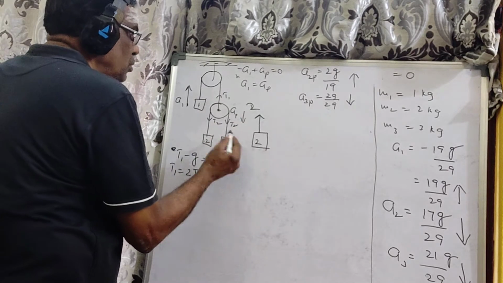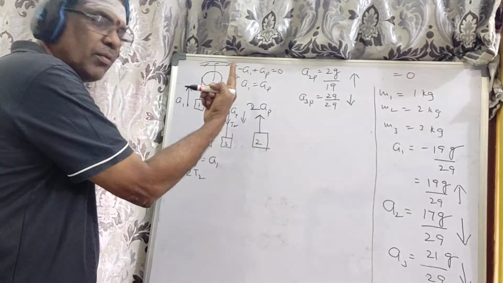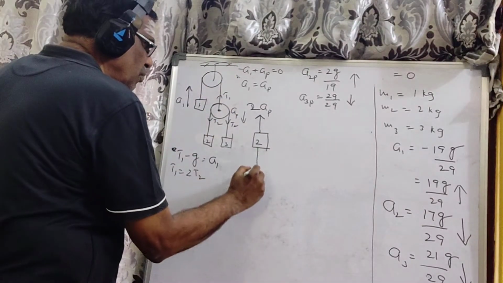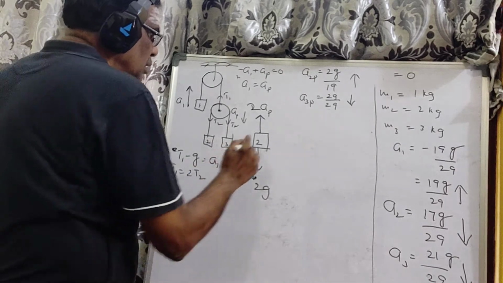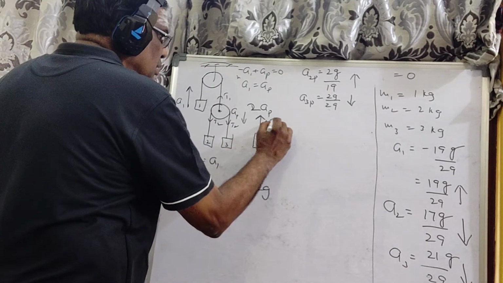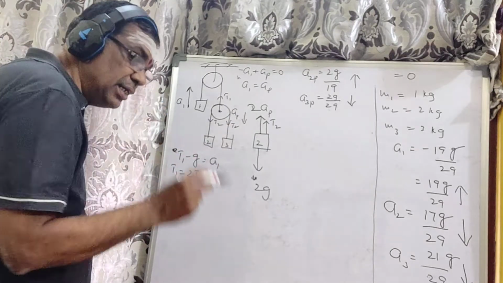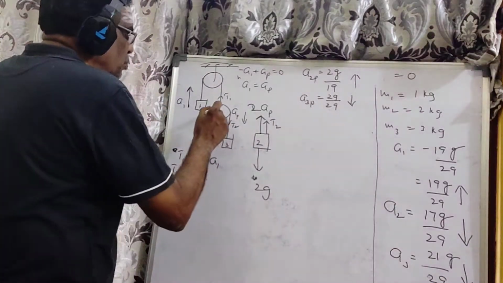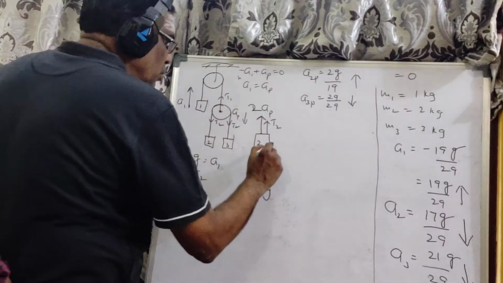M2, that is 2AP, pseudo force. What is the real force? Sorry, 2G, and this is T2. So, as I said, you will get relative acceleration. With respect to this, I know lighter body will move up, heavier body will move down.